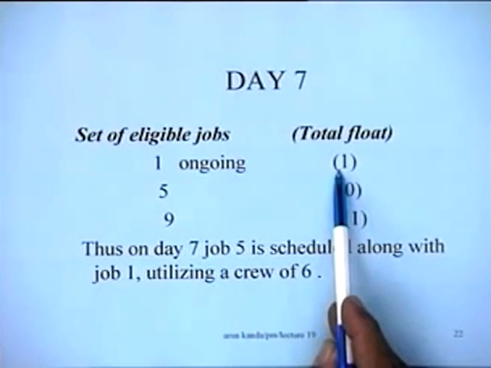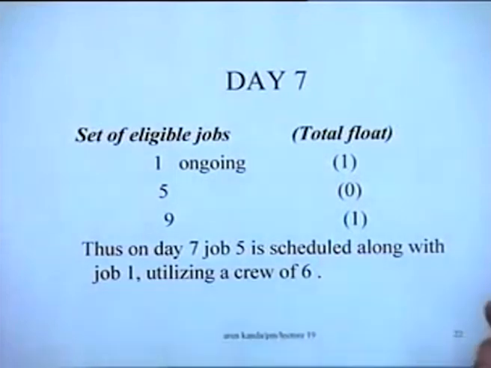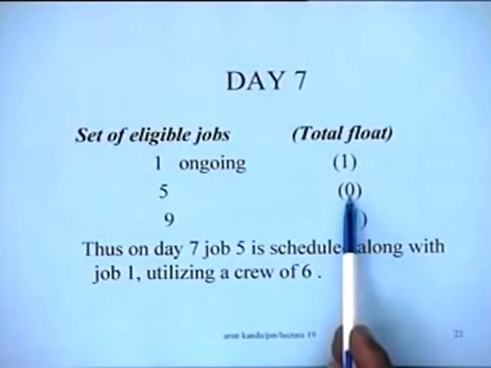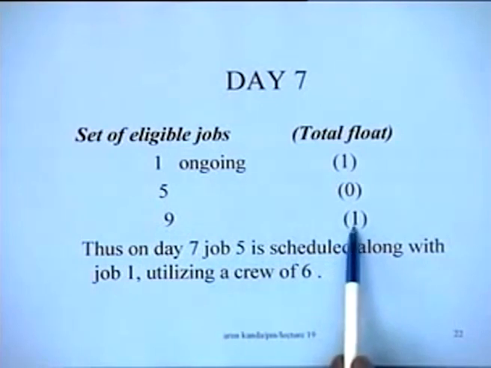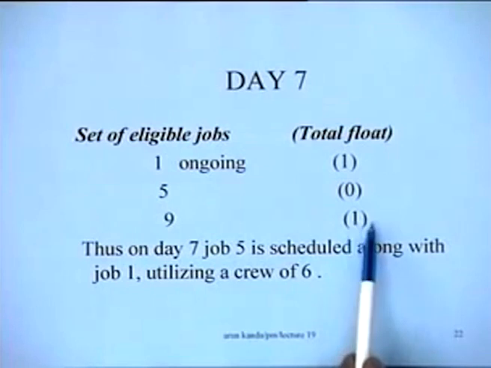Whereas earlier it had a float of 0, because now you have postponed a critical job, so your project duration has become 11. Which means the float of all the jobs has increased by 1 day. That's what has happened, except the critical job, which is 0. 5 is now a critical job, so it has a float of 0, and job number 9, which was earlier a critical job, now has a float of 1. Right, by virtue of the increase in duration of the project.